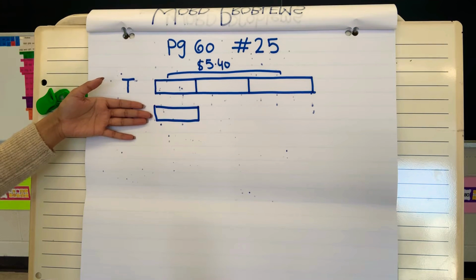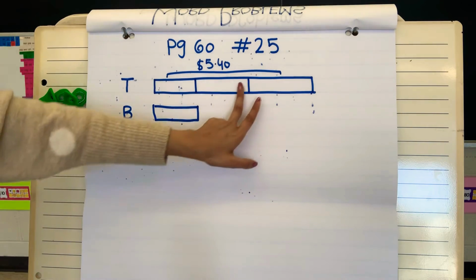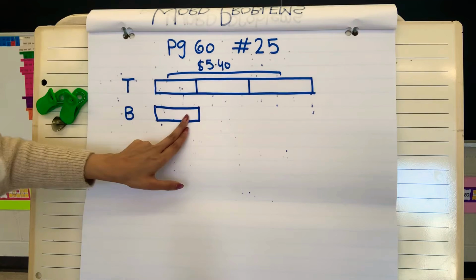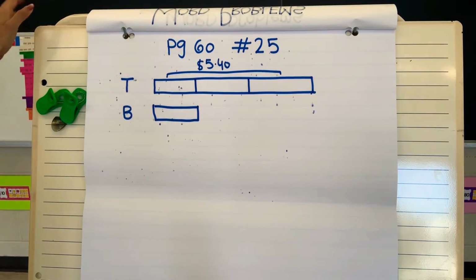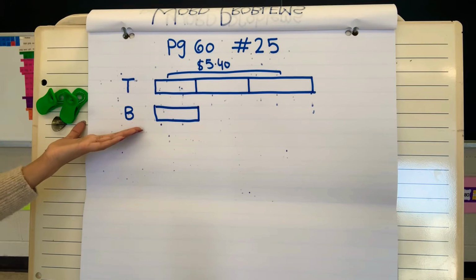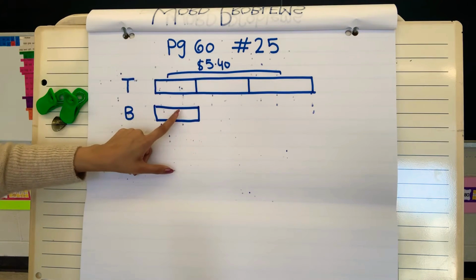Then we ask how many units that is. Taylor has 2 more units than Bonita, right? Bonita has 1 unit, Taylor has 3 units. So again, to answer the problem, first we need to find the value of 1 unit.